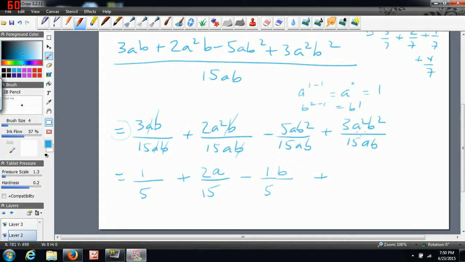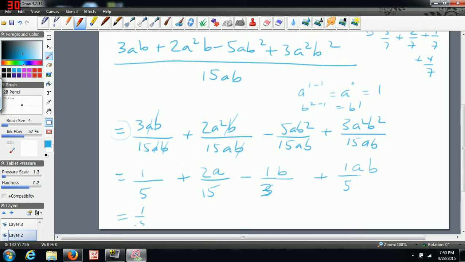Okay? So now over here we've got 1 over 5. Wait a minute, this should be a 3. So that's 1 over 3. This one here is 1 over 5 a and then b squared, so just 1ab. So that would be the final answer there. Okay, you don't even need to write these ones here.